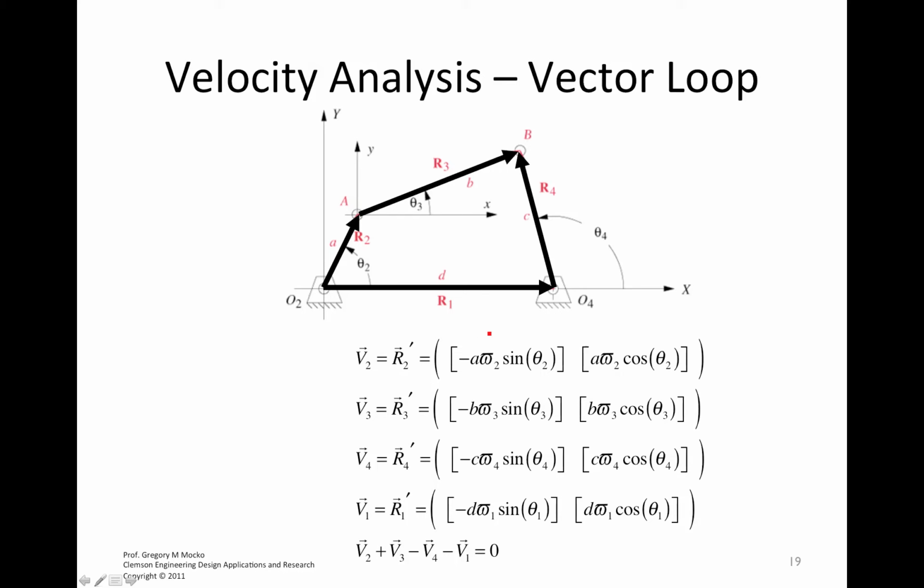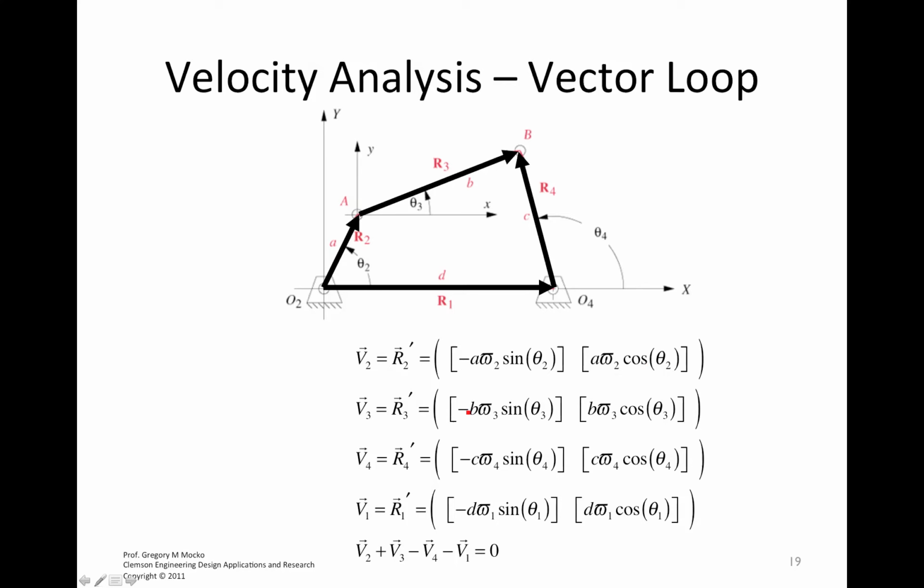So we've got the x component and the y component, and we take the derivative of the x component. We end up with negative a times omega 2 times sine of theta 2, and the y component is a omega 2 cosine of theta 2. So this is the angular velocity of link 2.